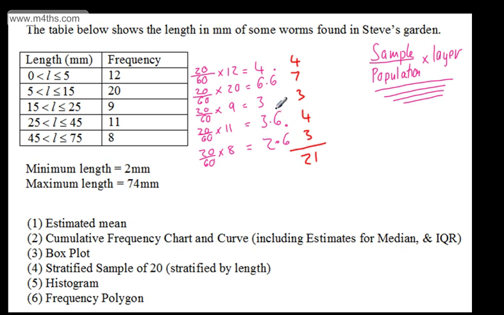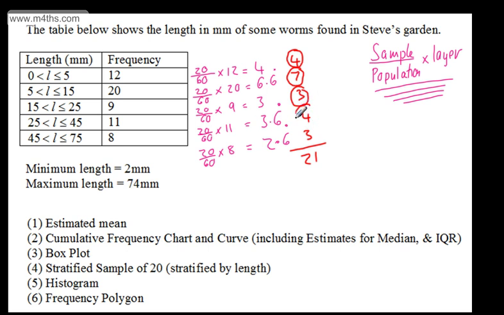So if I look just here, I'm going to round this one up. We've got quite a lot in this particular category, or layer or strata. This is going to be rounded to 7. So I'm definitely going to keep the 4, the 7, and the 3. And now I have to decide which of these I'm going to round down. We've only got 8 of these, we've got 11 of these, so I'm going to round this down to 2.